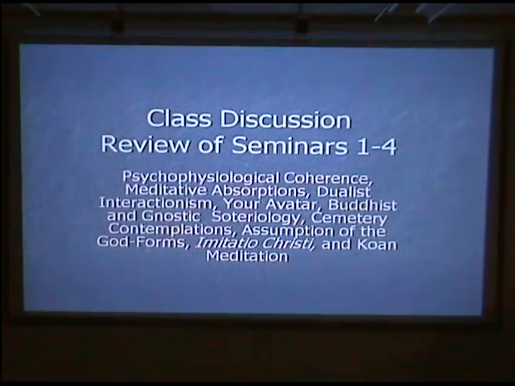All right. Quick review of everything that we've been talking about so far. Psychophysiological coherence is the synchronization of breathing rate, which lowers the breathing rate down to 3 breaths a minute, with a ratio of a 15-second exhalation and a 5-second inhalation, then lowers the heart rate to 60 beats or less, and then immediately lowers the brainwave patterns to somewhere in the alpha range, right around 10 cycles per second, somewhere between 8 and 12 cycles per second.